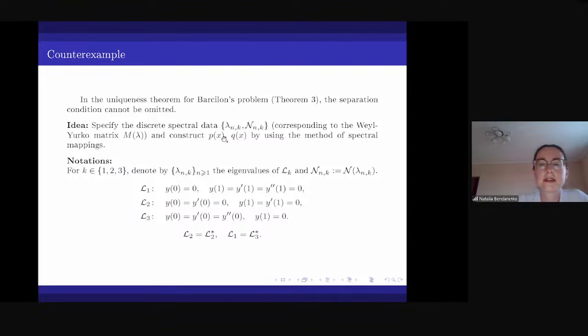We choose some specific spectral data, the eigenvalues of three problems and the weight matrices. So these are the discrete spectral data corresponding to the Weyl matrix. And by using this data, we construct functions P and Q by using the method of spectral mappings.